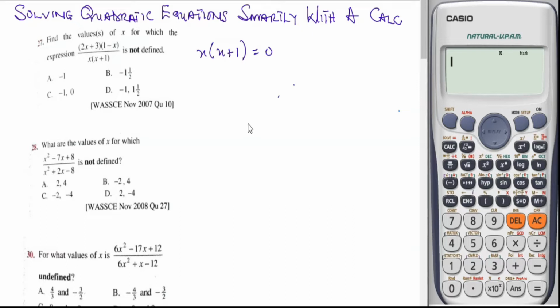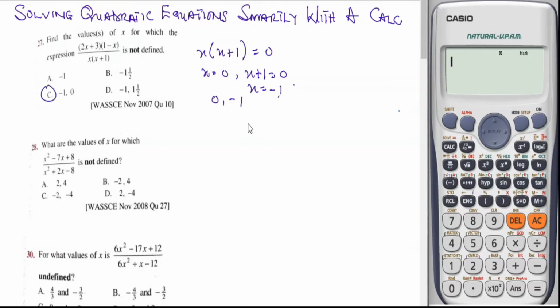So in this case, it's already been written in a factor form, so you could have just gone straight ahead to say that x is equal to 0 and then x plus 1 is equal to 0. So for that matter, solving for x in the next term, then we have x equal to -1. Therefore, the solution is x being 0 and x being -1, which is possible answer C.